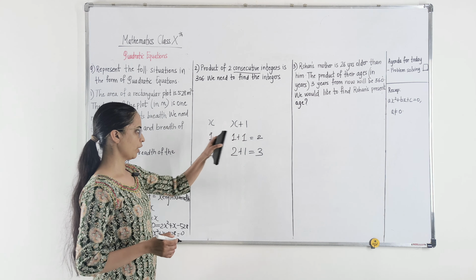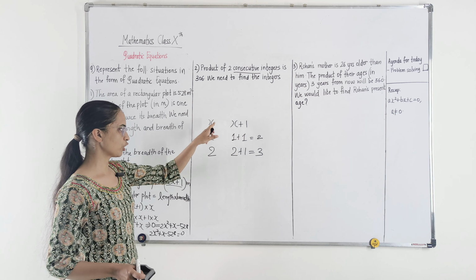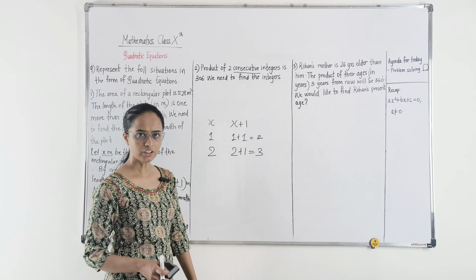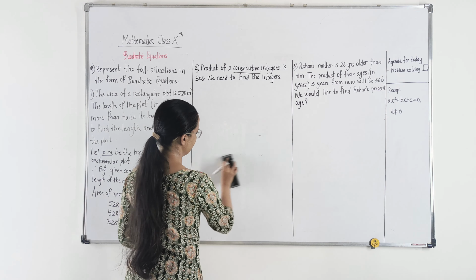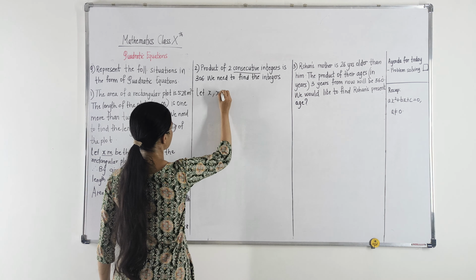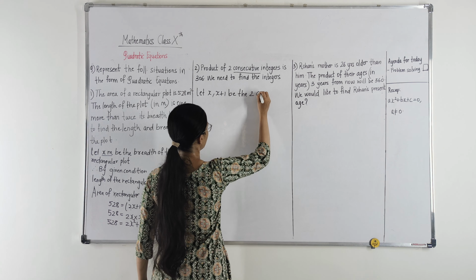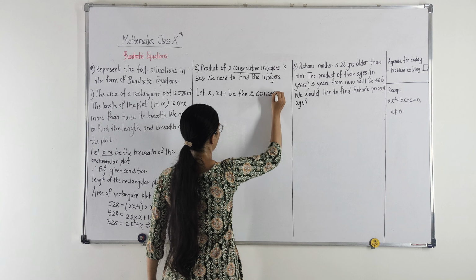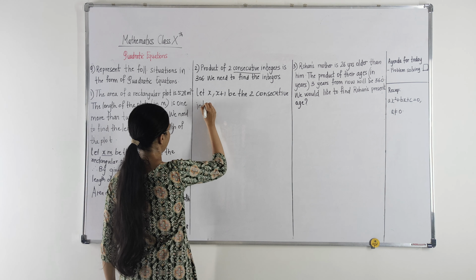So here if you see 1 and 2, then 2 and 3, like this, with this representation of x and x plus 1, you would be getting the two consecutive integers. And that is why we can say that let x, x plus 1 be the two consecutive integers.